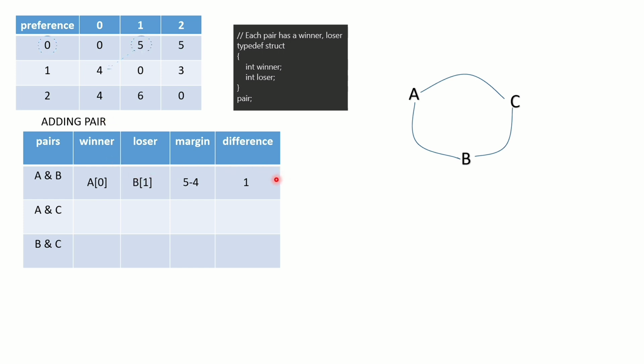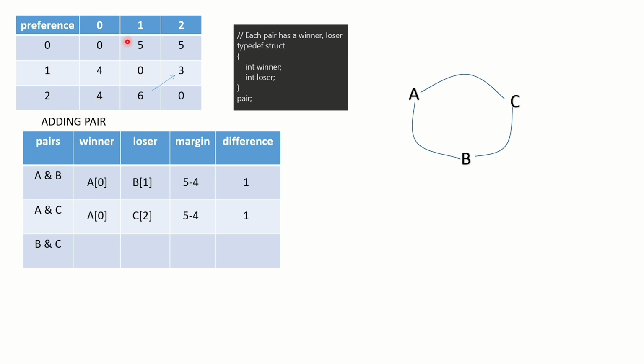Let's move on to the second one, which is A and C, that means 0 2 and 2 0. So who is the winner here? The maximum number of votes is 5, and it belongs to 0, that means Alice is the winner here. I will add this also in the table.